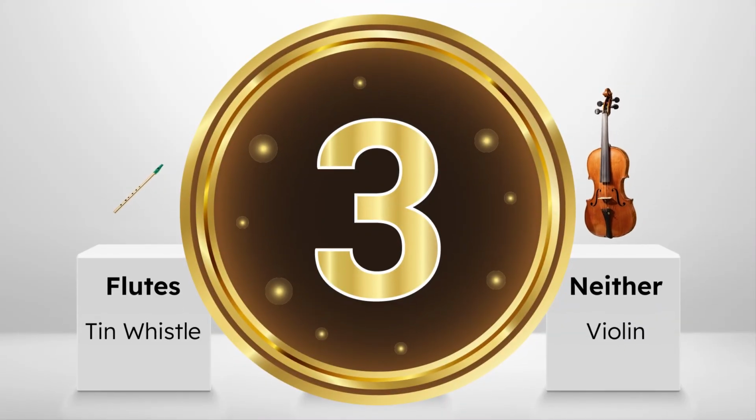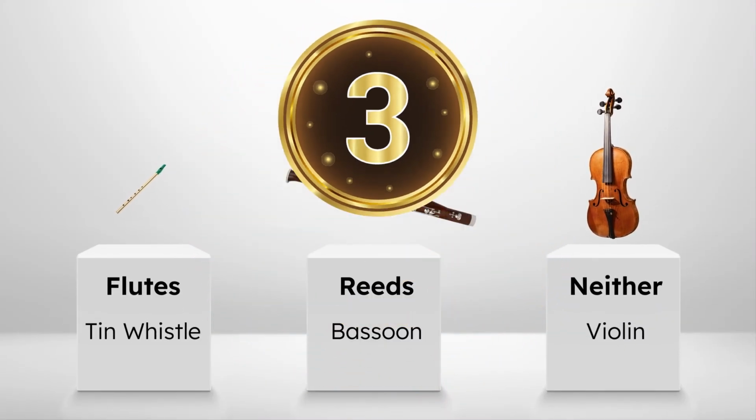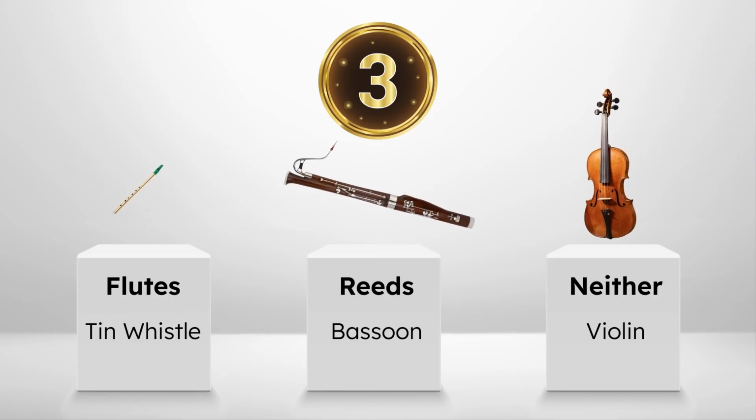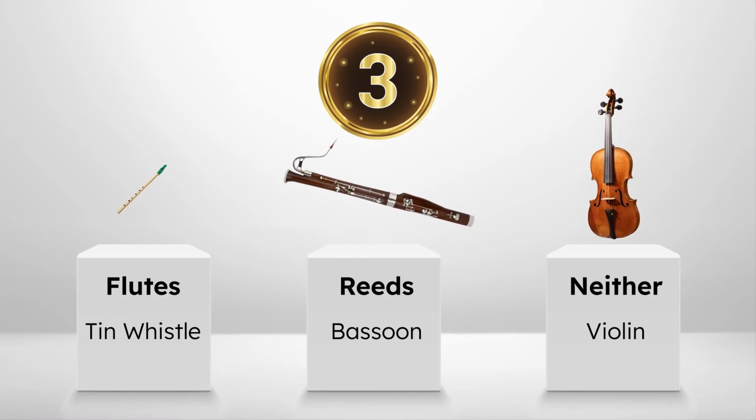I think round 3 needs a challenge, a third option. You're still going to hear one instrument, but this time it might be a flute, a reed, or neither of those. Get ready. Round 3. The choices are a tin whistle in the flute category, a bassoon in the reeds category, or a violin, which is neither.